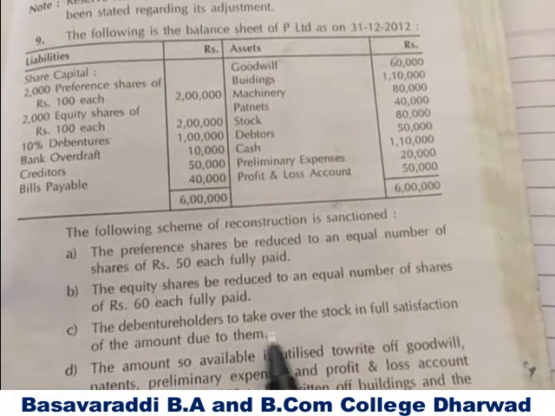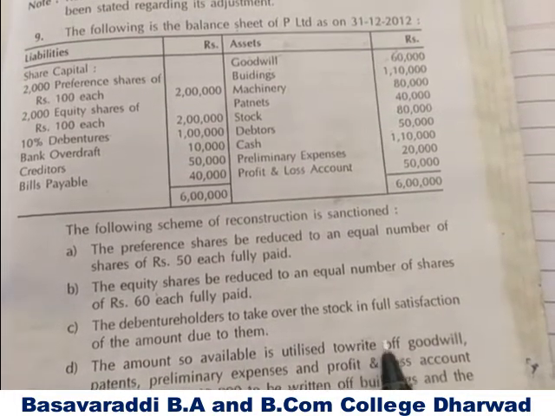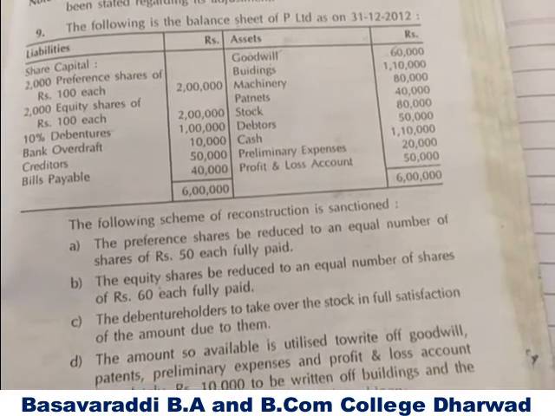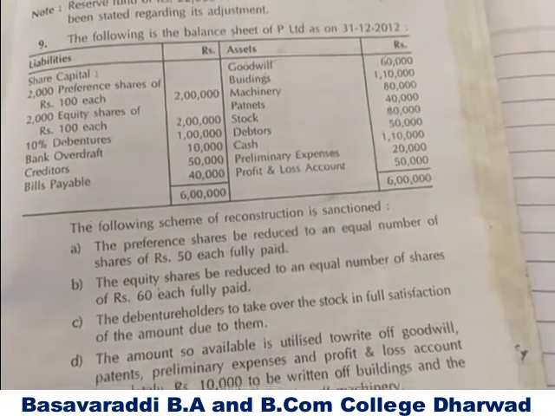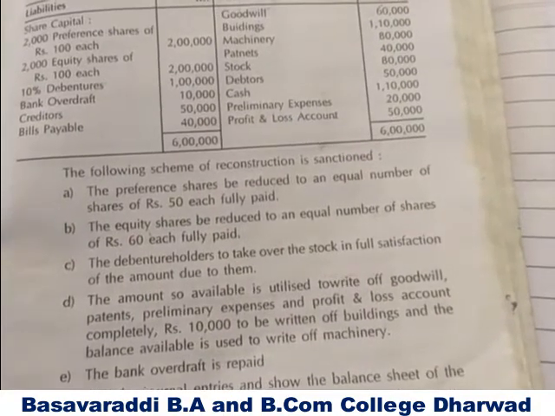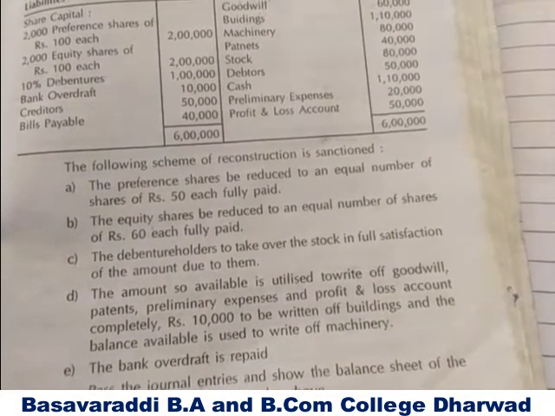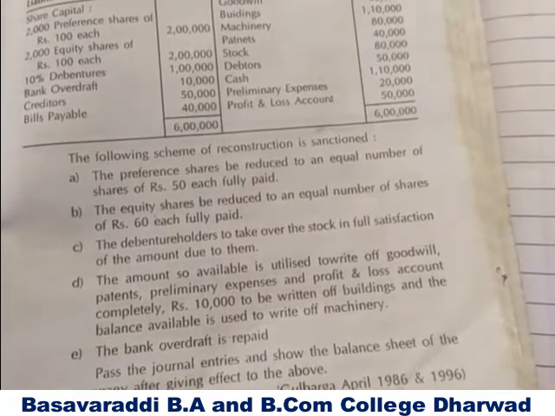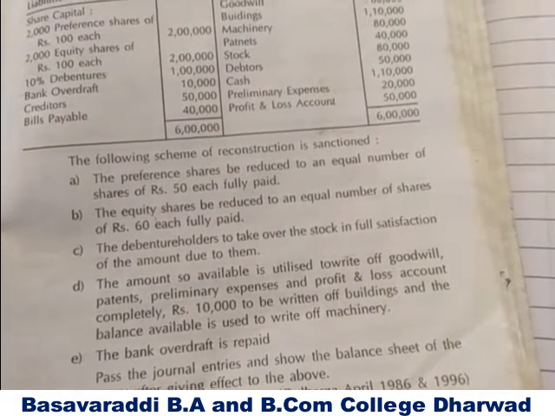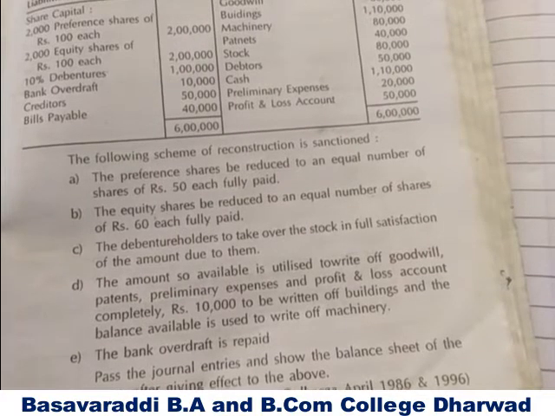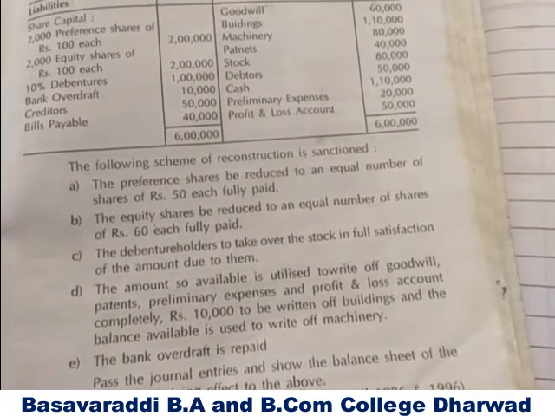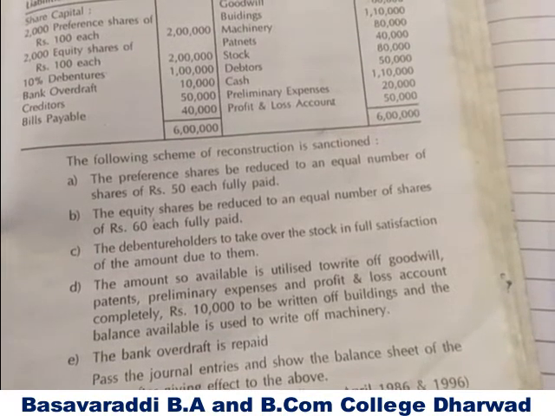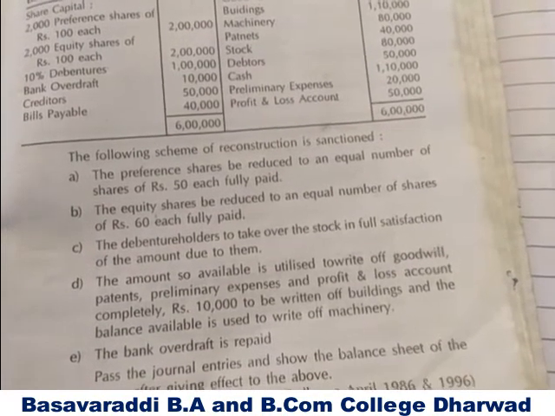The debenture holders to take over the stock in full satisfaction of the amount due to them, and the amount so available is to be utilized to write off the goodwill, patents, preliminary expenses and profit and loss account completely. Rupees 10,000 to be written off the building, and the balance available is used to write off the machinery. Next, the bank overdraft is repaid.